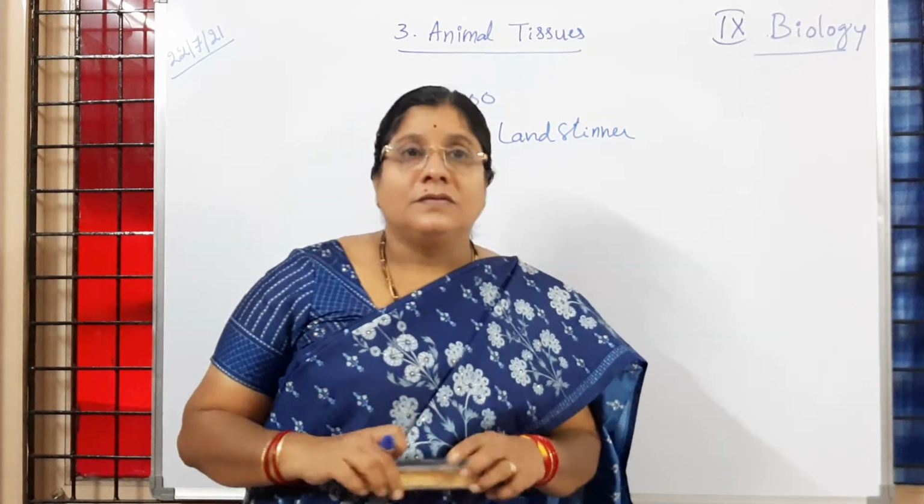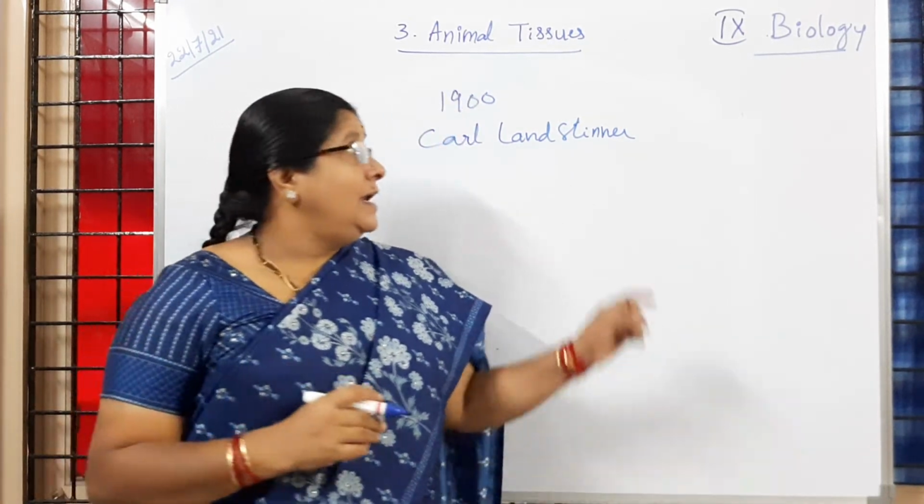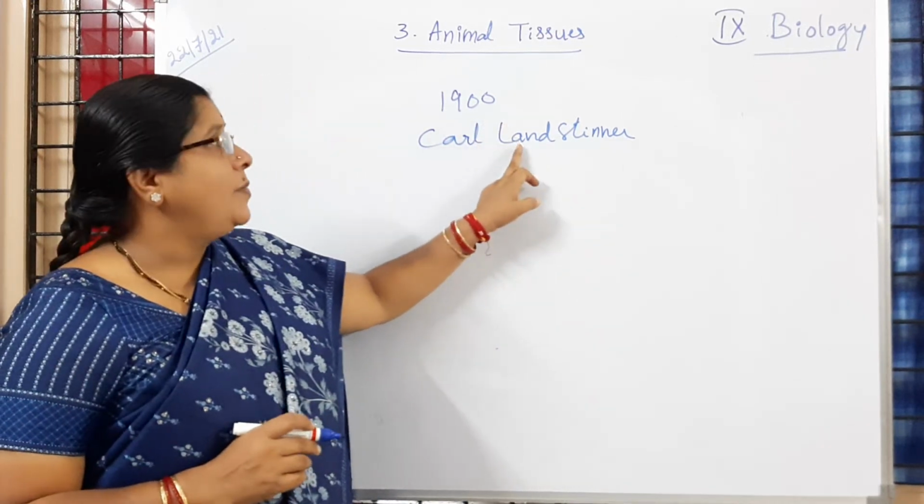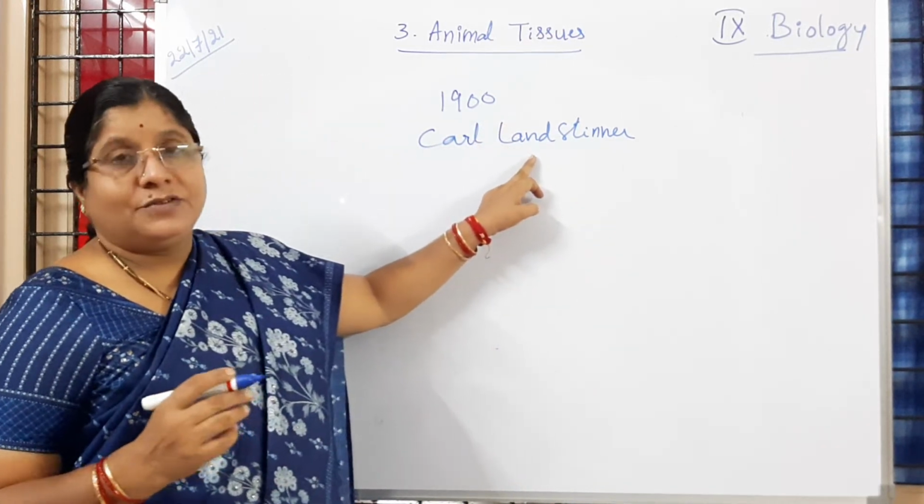Is it clear to you? So Carl Landsteiner in 1900 studied about the different blood groups, okay.